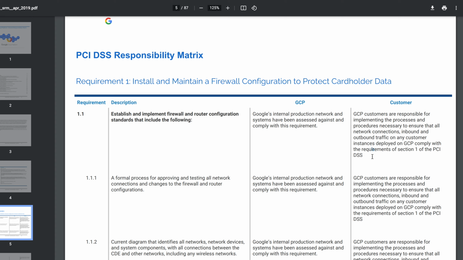While Google will say that its internal production network and systems have been assessed against and comply with this requirement, as the customer, as part of that shared responsibility model, you are responsible for implementing the processes and procedures necessary to ensure that all network connections, inbound and outbound traffic, and so on, are yours. You take care of that. Google's taking care of the infrastructure. You're taking care of everything above that. And that's where this whole process of the shared model really comes into place.